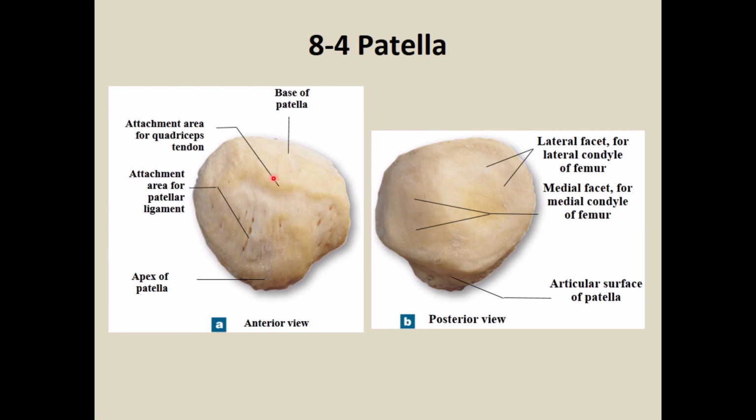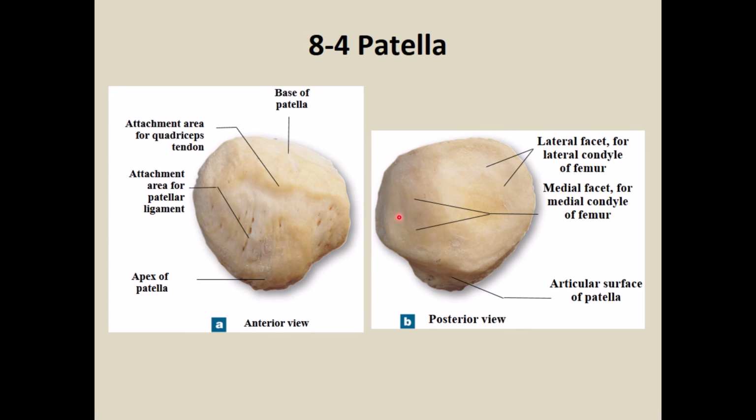So here the quadriceps tendon attaches, and the quadriceps are muscles of the thigh that cause extension of the knee. And in the lower part here the patellar ligament attaches, and the patellar ligament connects the patella with the tibia. I will show it to you later.